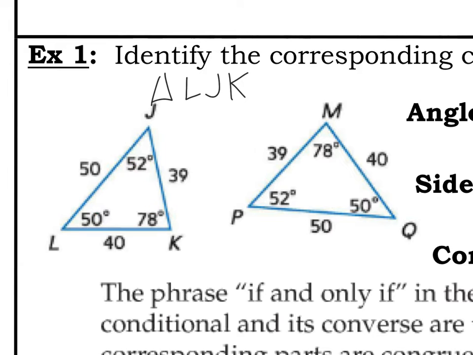Small, medium, large. So I'll say is congruent to triangle, and then I'll go small, medium, large with this one. So I'll go QPM. And so that'll be my congruency statement, okay? It's just concluding it with that.